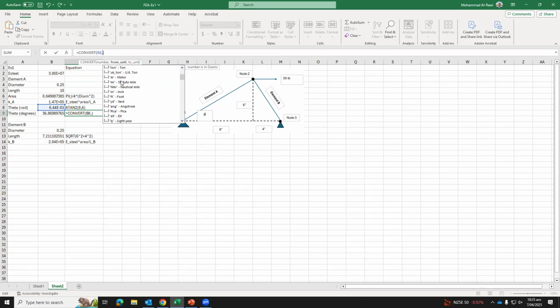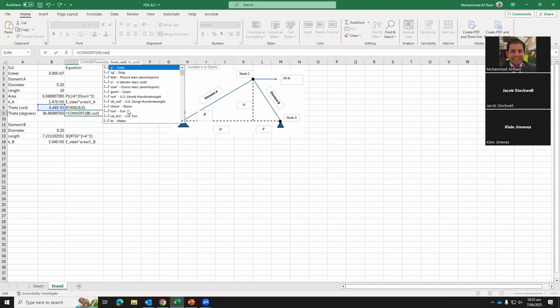Radians. It's something called radians here. Kelvin, I can see the temperatures. So technically there are many options for it, but we don't need that one. This command allows you to straightforwardly convert from one unit to another unit.